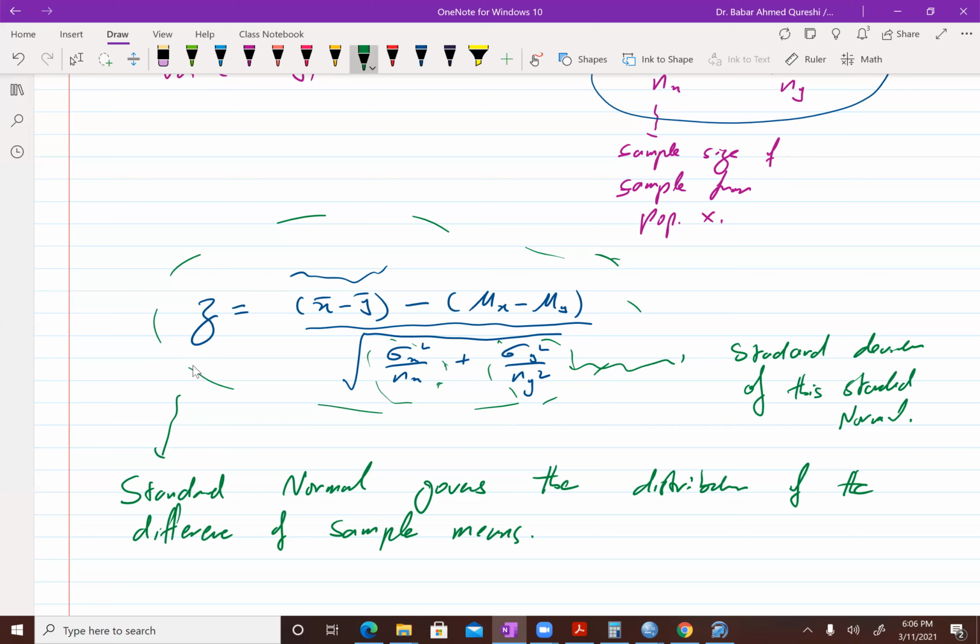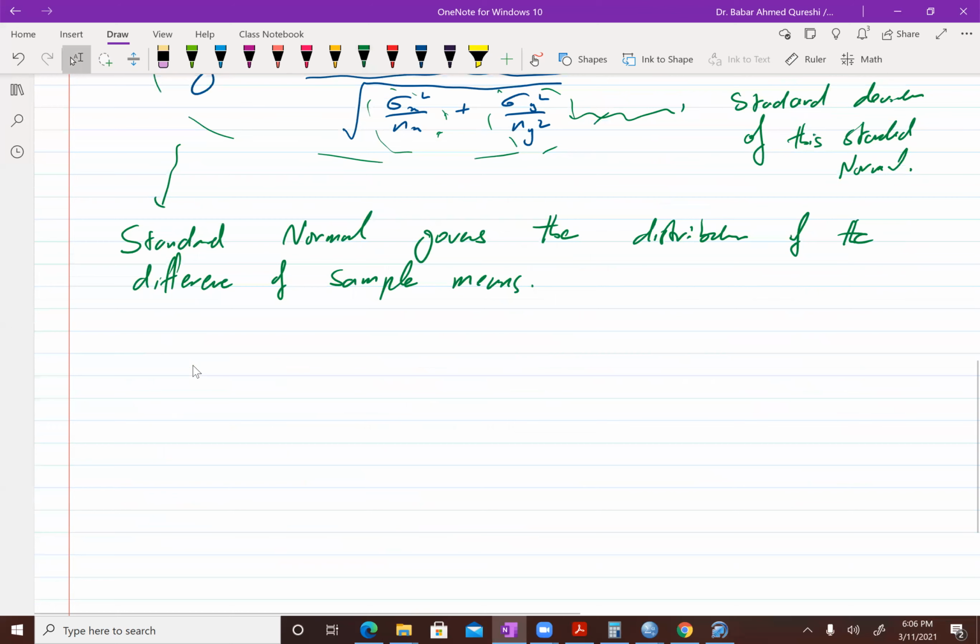Now, if by chance you know, which would be very rare in practical problems, but just for the sake of argument, if you know the standard deviations of the two populations, sigma x, remember that sigma x is the standard deviation of the population, not of your sample, and similarly sigma y for population y, then this is just a standard normal.